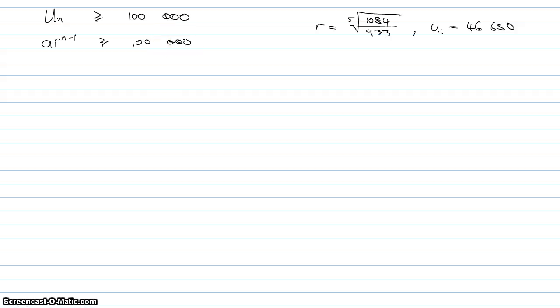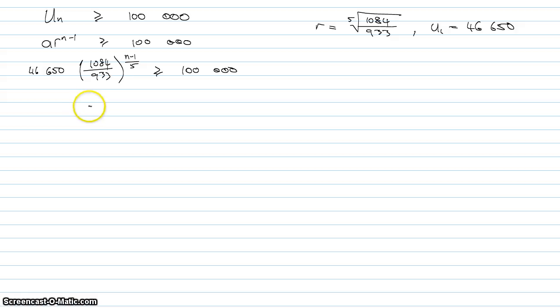So what does that give me? That tells me that 46,650 times 1084 over 933 to the power of n minus 1, over 5, has to be bigger than or equal to 100,000. So this is kind of messy, and our variable is in the exponent, so we're going to take ln on both sides.